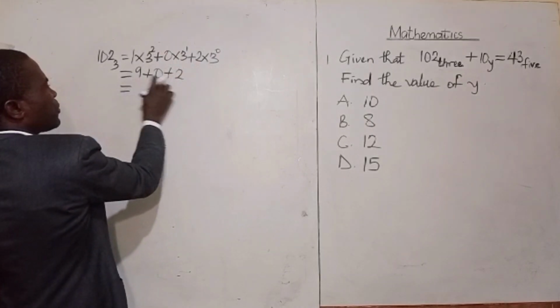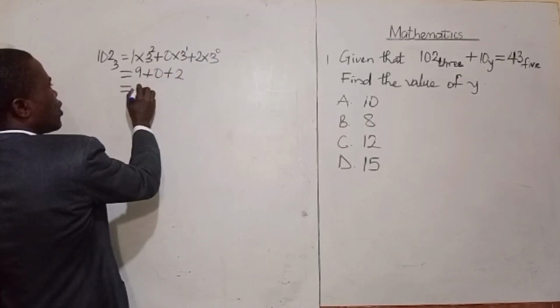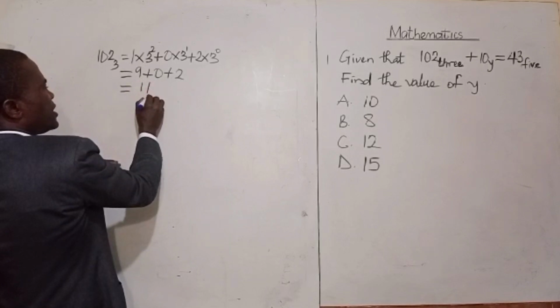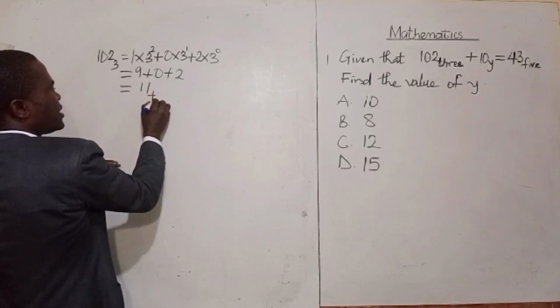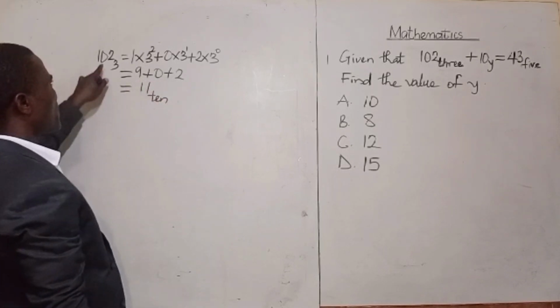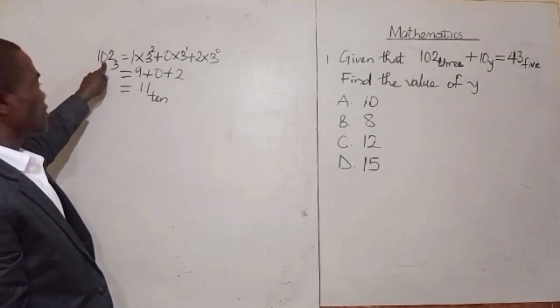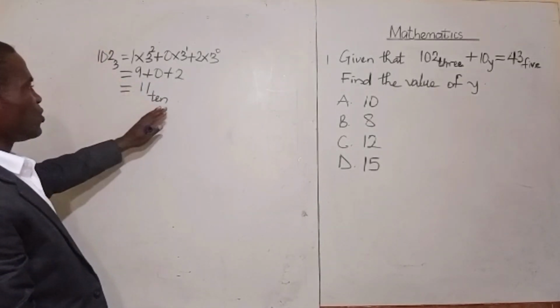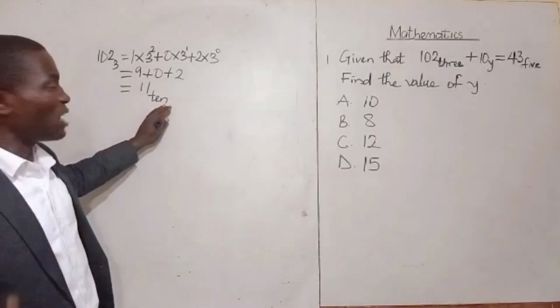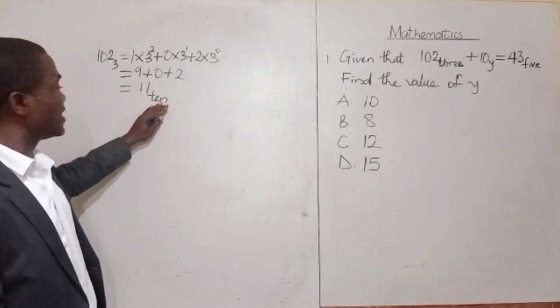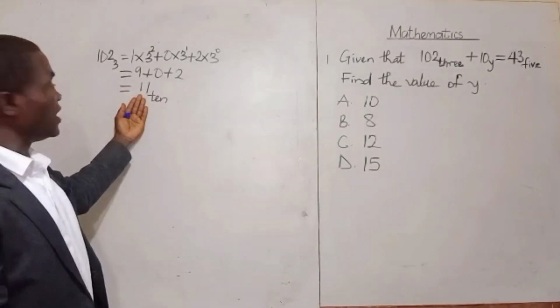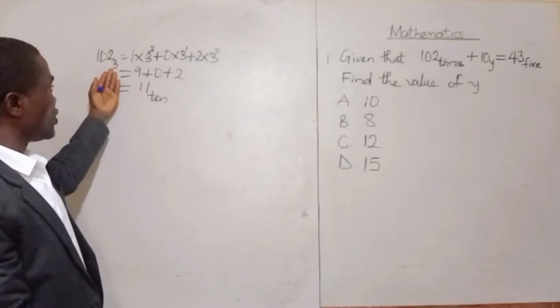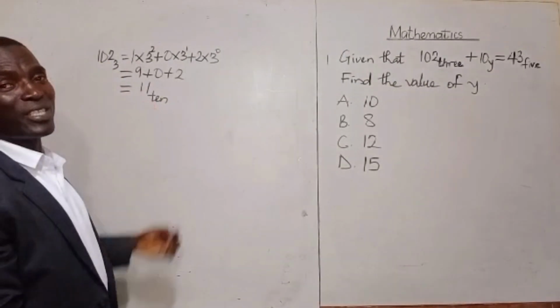Eventually we have 9 plus 0 plus 2, which gives us 11 base 10. That means this language, which is in base 3, is now converted to another common general language, which is base 10. So 102 base 3 is the same thing as 11 in base 10.